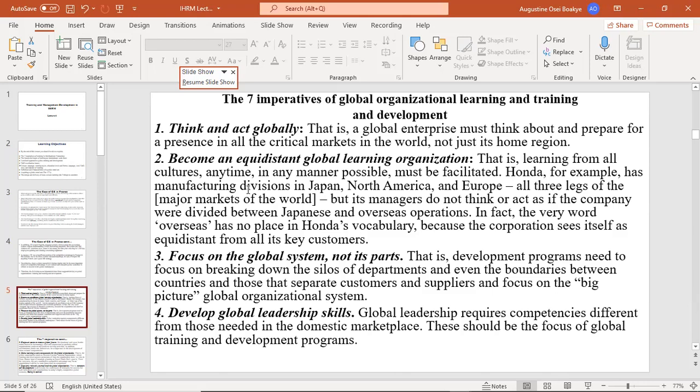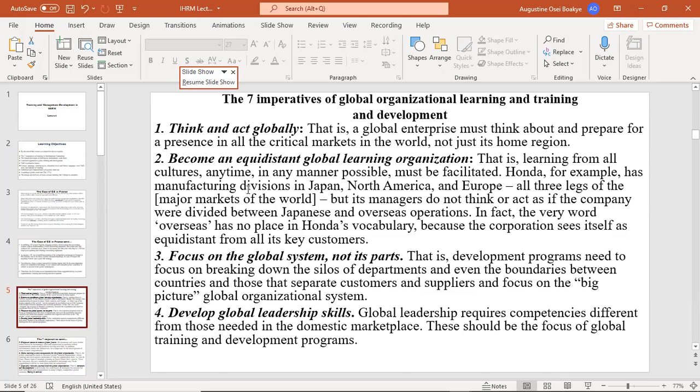The second imperative is that they must become an equidistant global learning organization. That is, learning from all cultures, anytime, in any manner possible, must be facilitated.